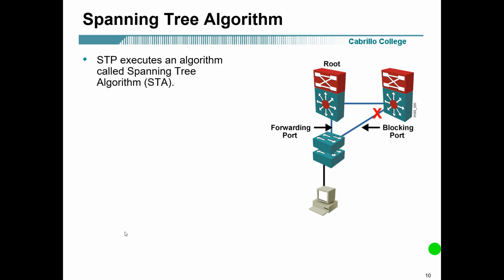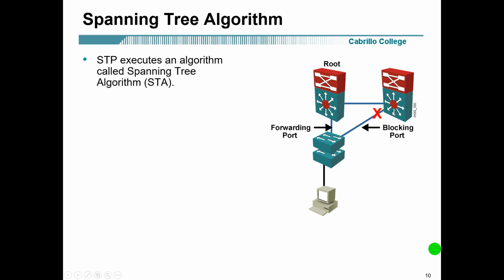Spanning tree algorithm. What will end up happening is spanning tree will run a specific algorithm called the spanning tree algorithm. What that does is it starts disabling ports, or blocking ports, to prevent our loops. For example, here we have our 3 switches. This port right here is a direct path to our root, so it's going to move it into a forwarding port.